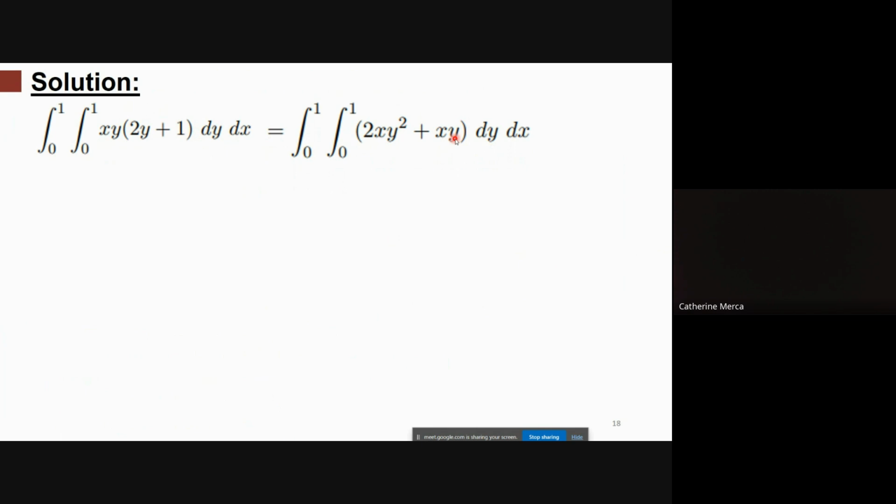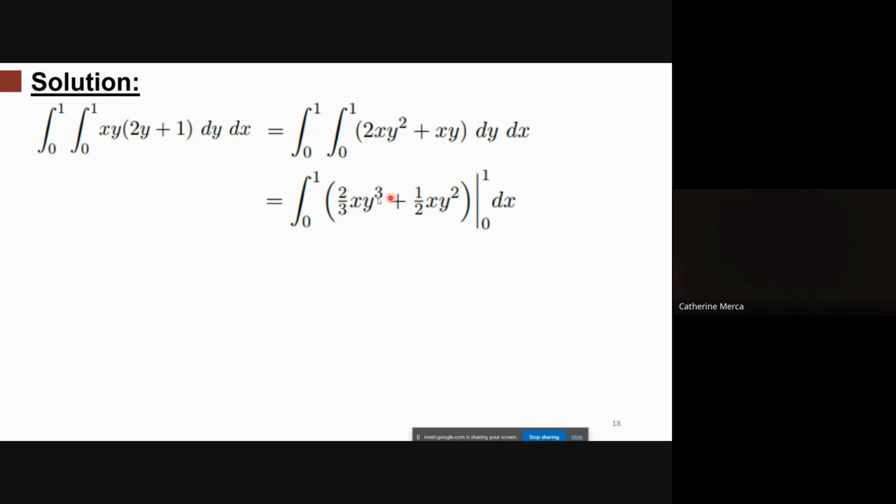This is evaluated from 0 to 1, and then the x is integrated from 0 to 1. So this is how it should look. Because it's with respect to y, you have 2x times y cubed over 3, and x times y squared over 2, evaluated from 0 to 1.